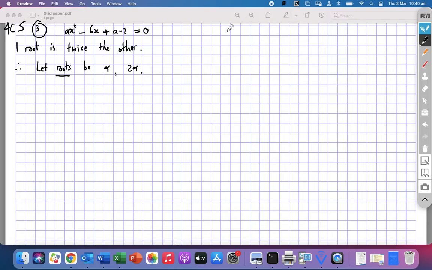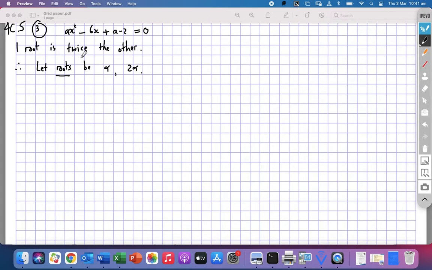All right? And in class, I've also been trying to link that to the factorized form of the quadratic as well, because in the factorized form of the quadratic, you can see the solution so easily, right? So there's my one root, and there's my second one.